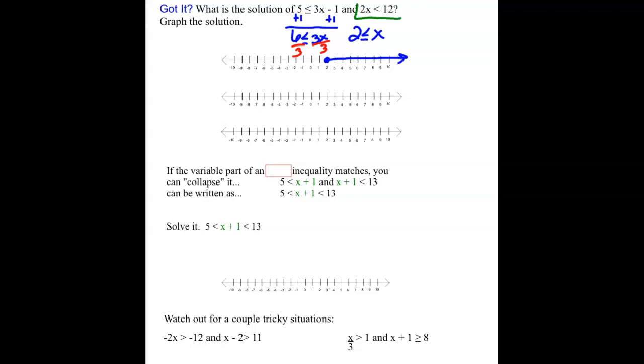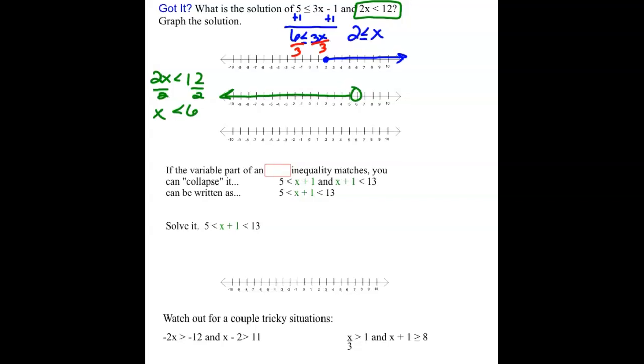For this one, we have 2x is less than 12. We're going to divide out the 2, so we have x being less than 6. So from 6, we'd have an open circle because it's not equal to it, and we want all the numbers that are less than. So again, looking for that overlapping section, it would be things in between here and here.